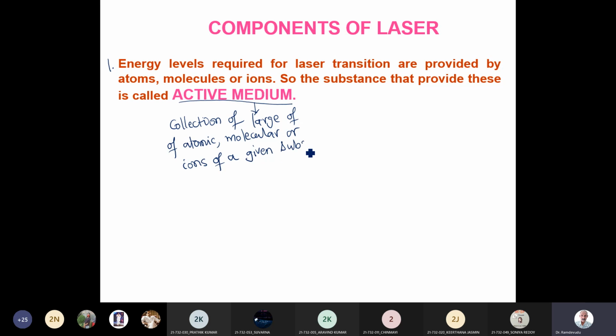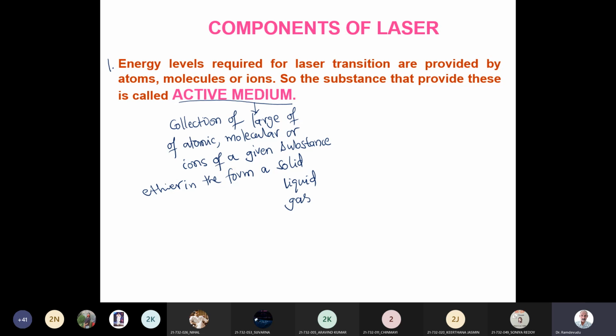Why a substance? Because this substance should have metastable states. So it is a collection of a large number of atoms of a given substance, either in the form of a solid, a liquid, or a gas.